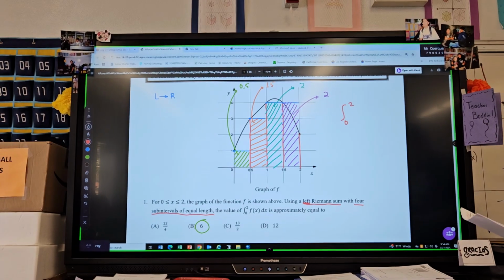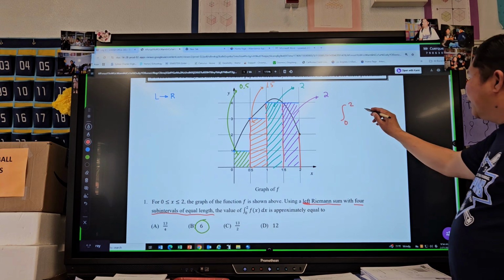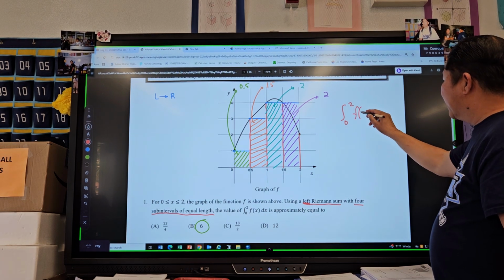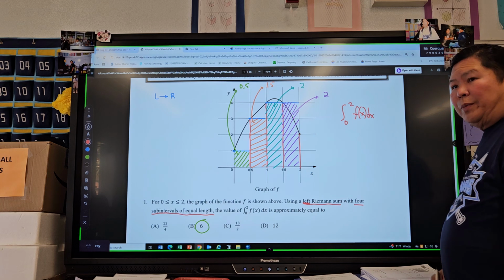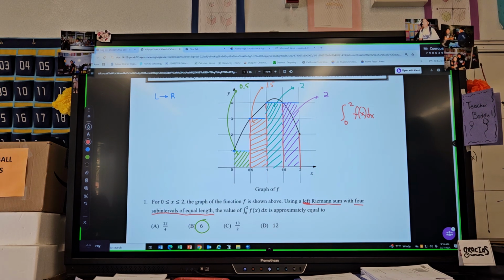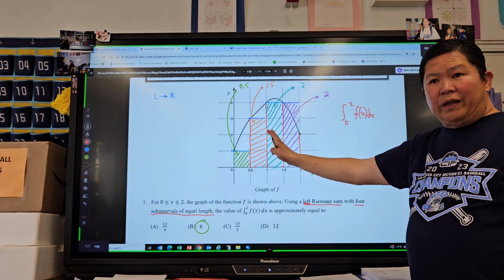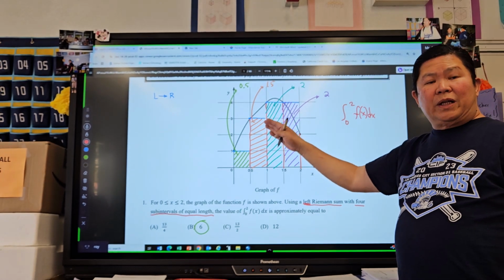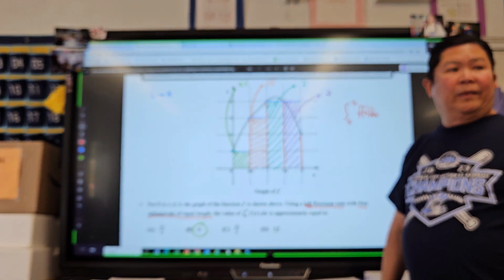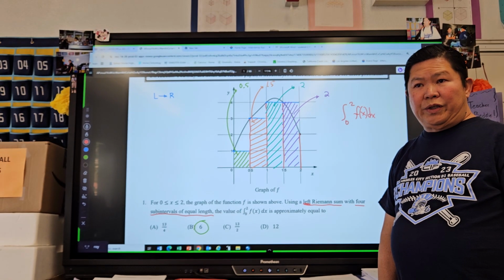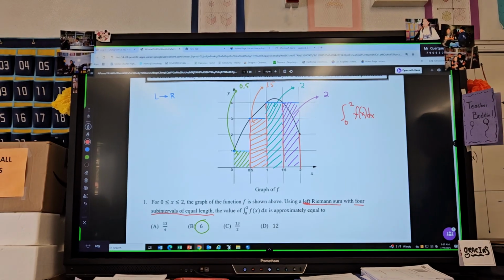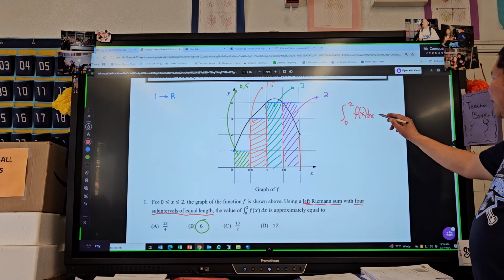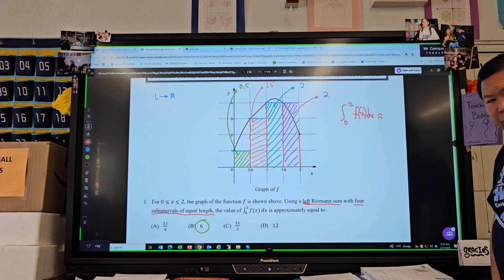So, we have the integral from 0 to 2 of f of x dx. This is for free response questions. Well, this one is a test taking strategy for you to save time in a multiple choice test. Okay? So, we're gonna say approximately equal to.